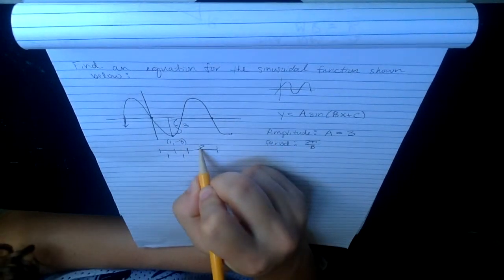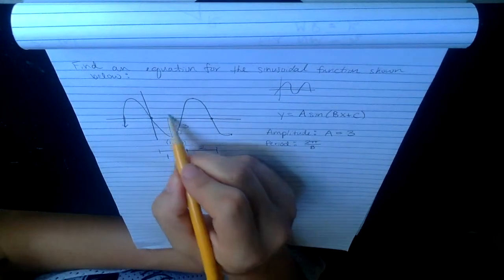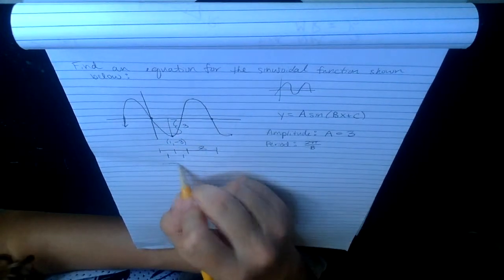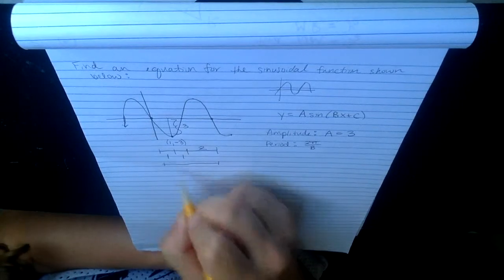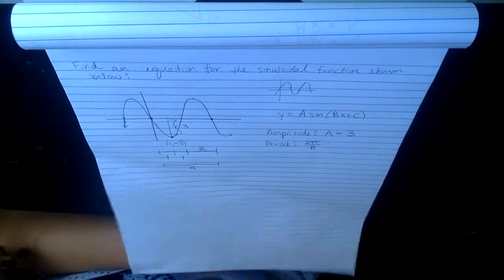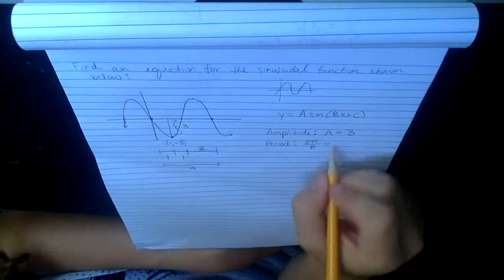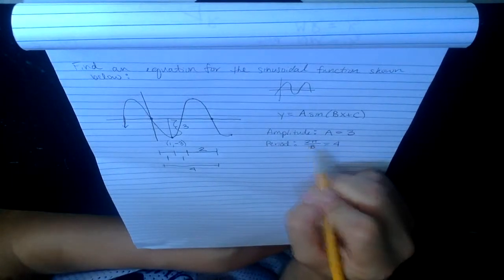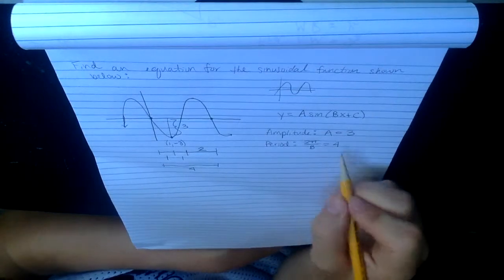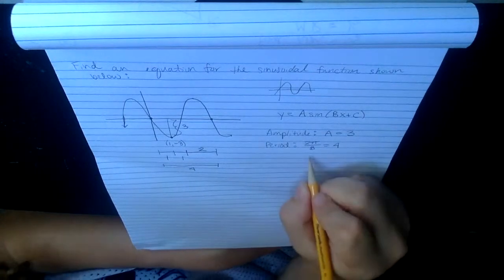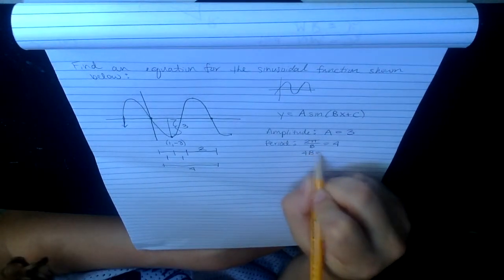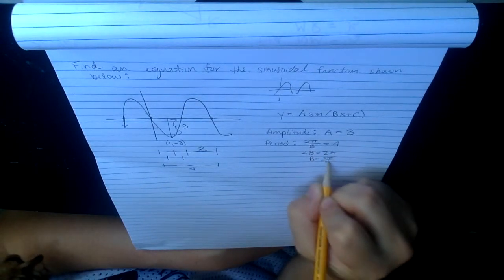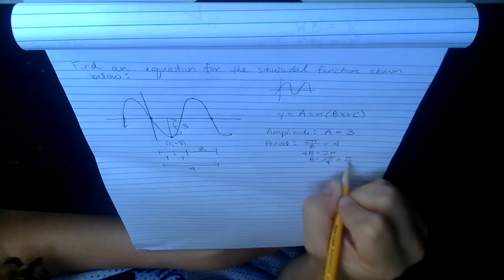So this distance is 2, same as this distance 2 here. That tells us that this whole distance is 4. So in other words, my period is 4. So b is not 4, but my period is. So 2 pi over b is equal to 4. Now we just need to solve for b. So 4b equals 2 pi, or b equals 2 pi over 4, which is pi over 2.